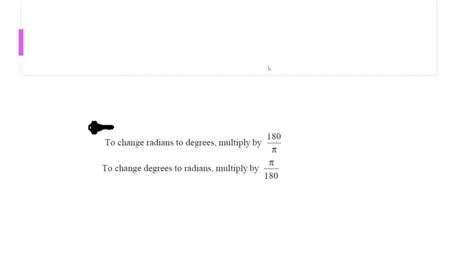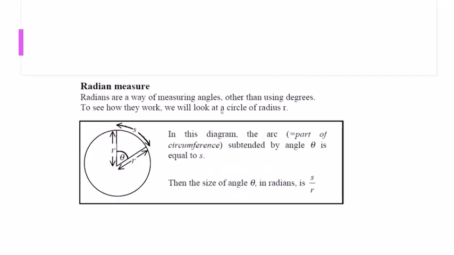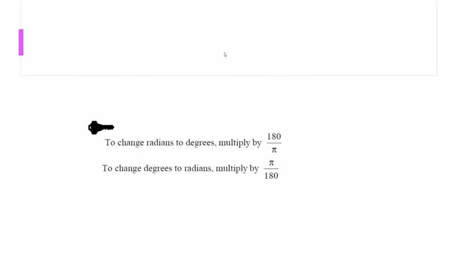Then how can we relate this angular displacement in radians with degrees? As we know, if we have one complete circle, like an object starting at position A, and after completing one rotation, one revolution, it returns to the same position, what will be the angle here in terms of degrees?